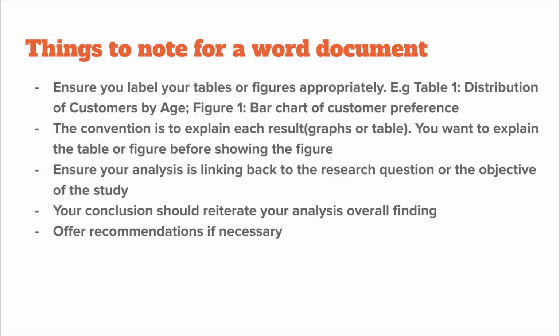Just ensure that as you are writing your report, you link it back to the question or the objective. And when you go to the second question, you also write your report to link it back. That's why when you order your questions, you should ensure they go in an order that makes sense for your analysis. You can reorder the questions in your report so that they flow well.